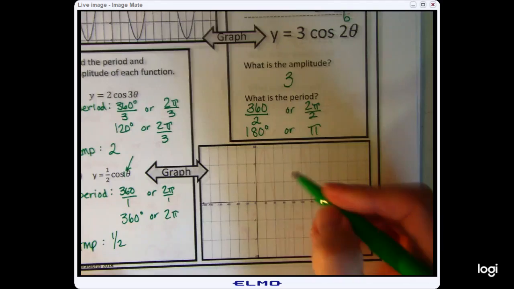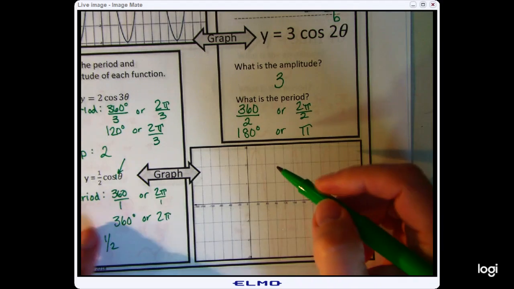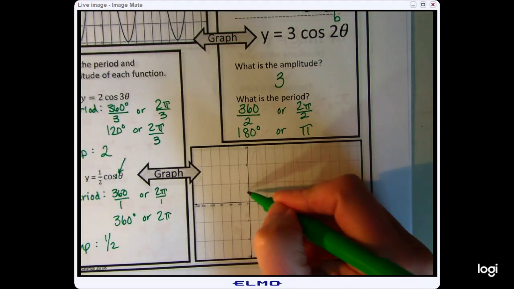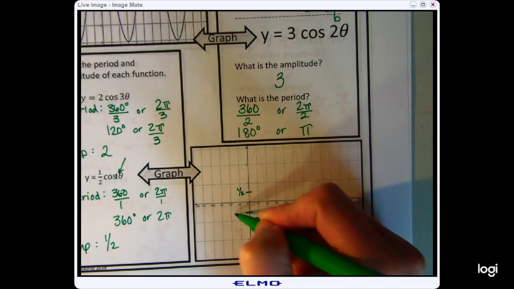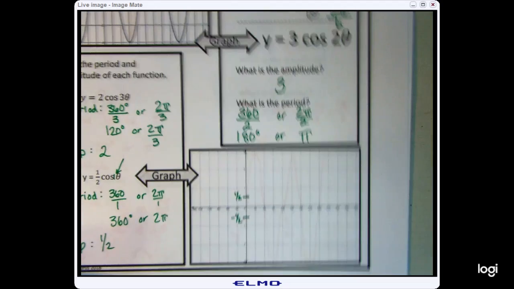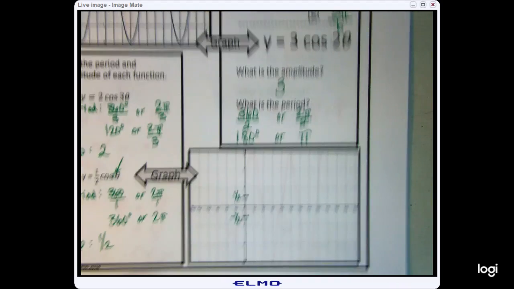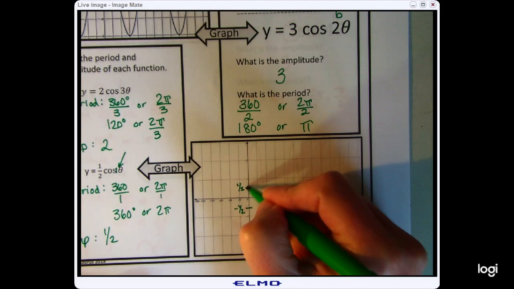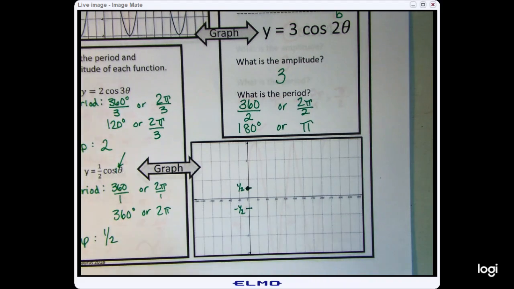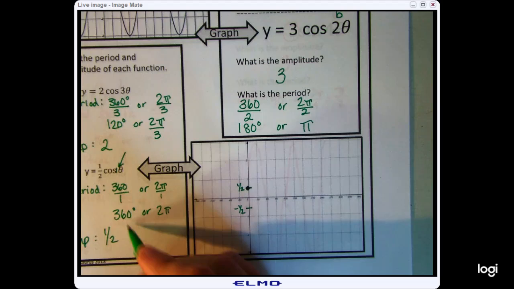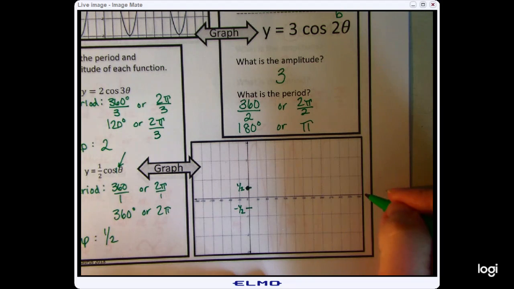So I've got to graph this one here. I have an amplitude of half, which puts me right there, yes? And -1/2 would be down there. Where does my cosine wave start? At its maximum. One full cycle would end back at its maximum, and that is every 360 degrees in this case.